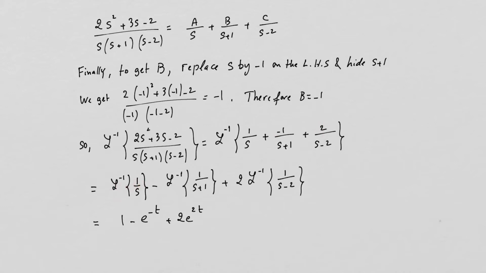And inverse Laplace of 1 over S is 1. Inverse Laplace of 1 over S minus A is e to the AT, but A here is -1, so I got that, and that minus went here, and that 2 went here, and in here A is 2, so you just do e to the 2t. You're done, okay?